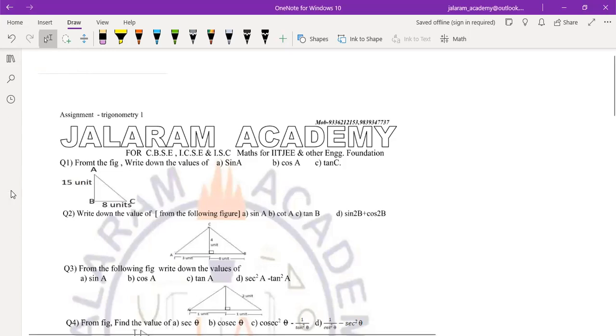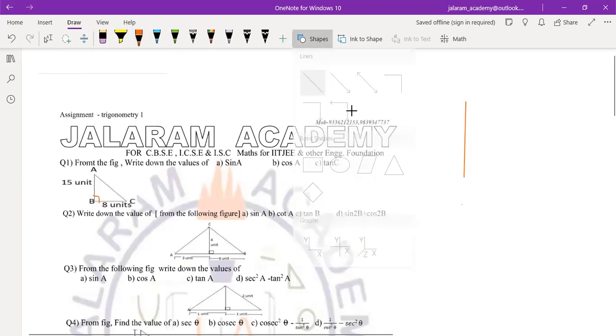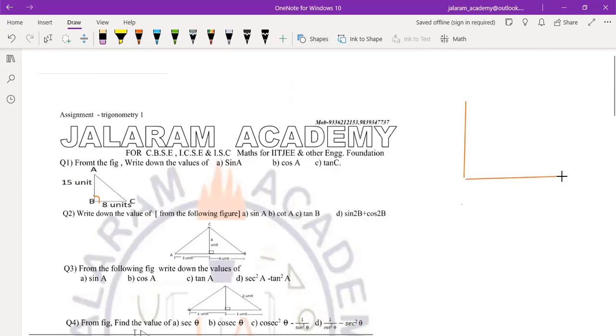And it has a right angle triangle, remember. So draw this triangle first of all in your notebook. To solve this question, draw a right angle triangle, which is given in the question, and mark all its sides.